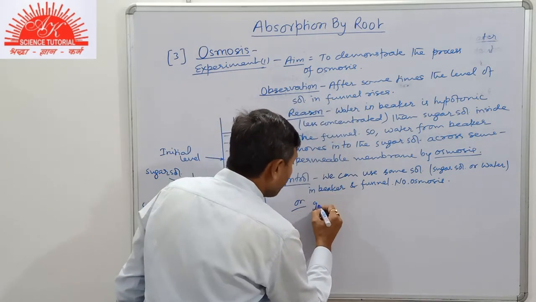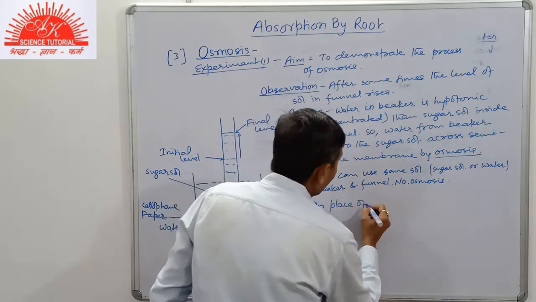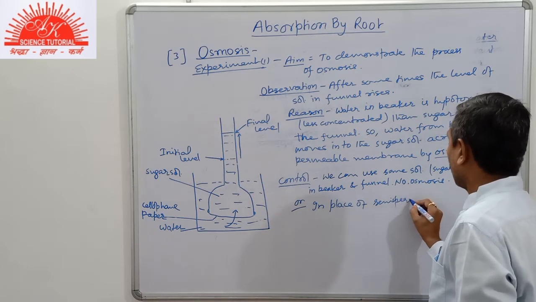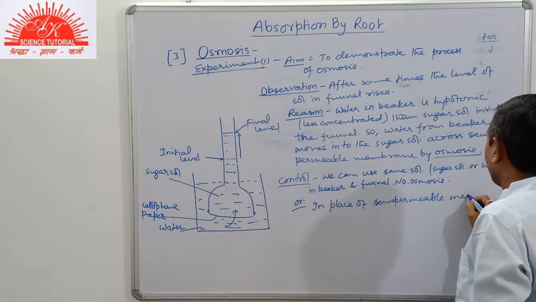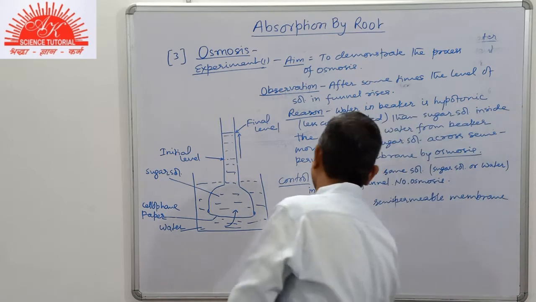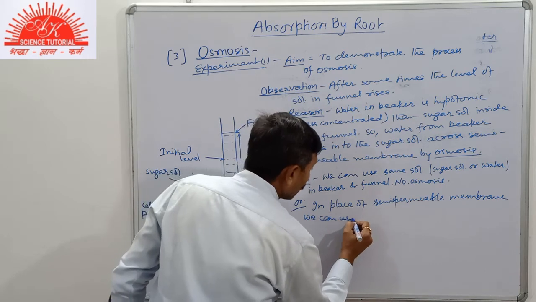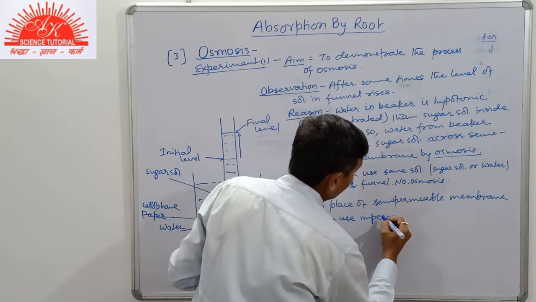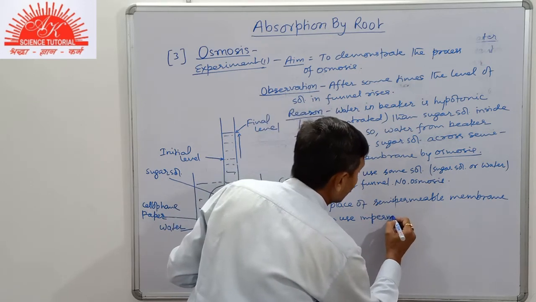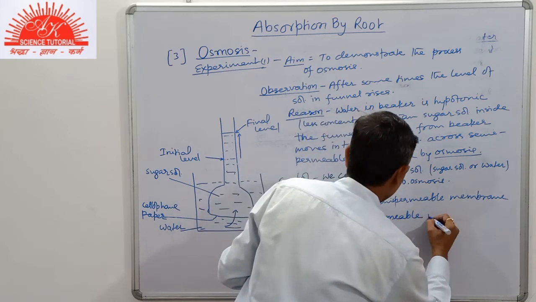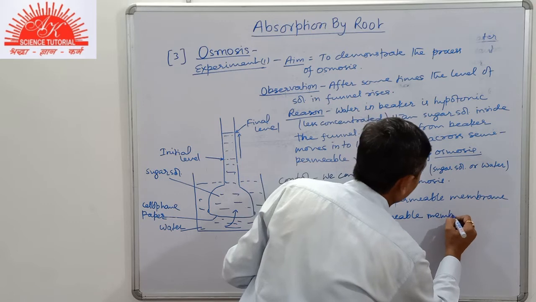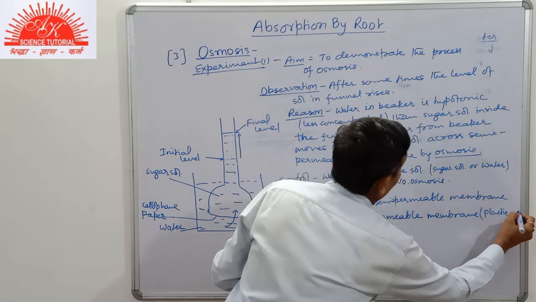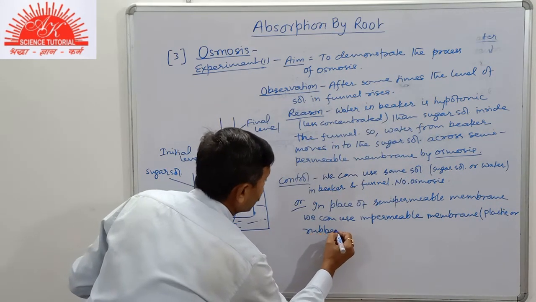Or in place of the semi-permeable membrane, we can use an impermeable membrane. It may be plastic or a rubber sheet.